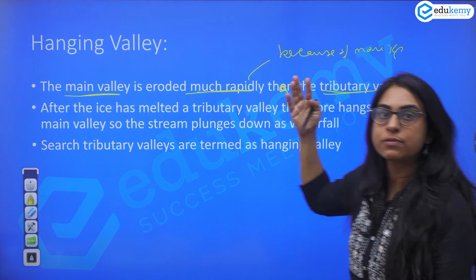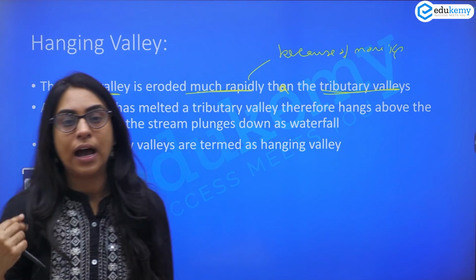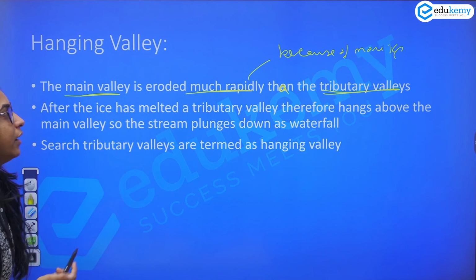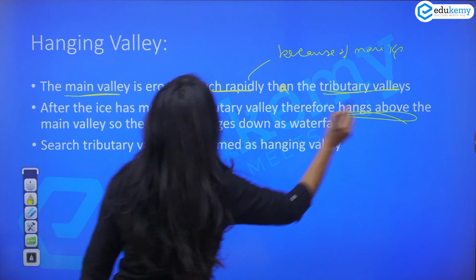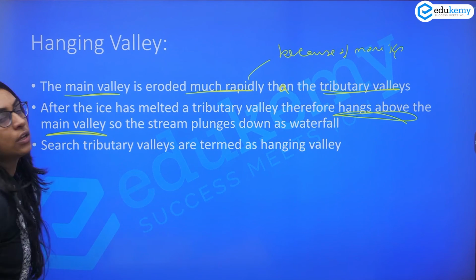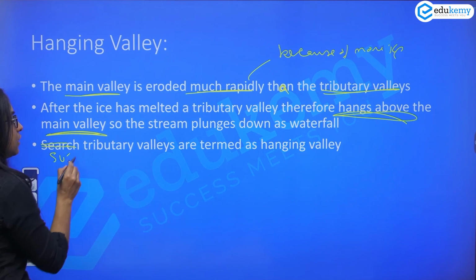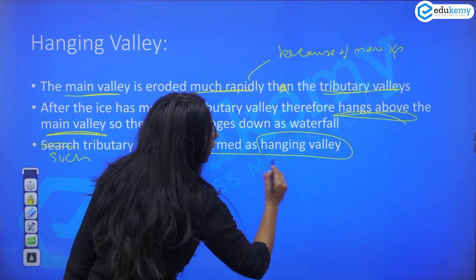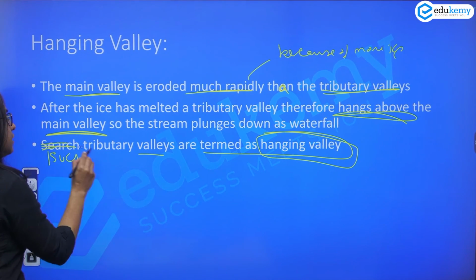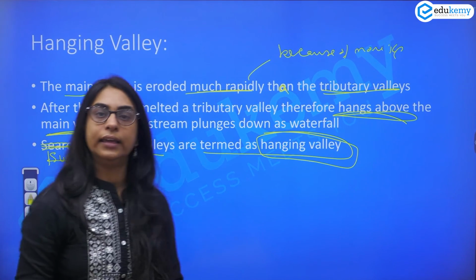After the ice has melted, a tributary valley therefore hangs above the main valley. So the stream plunges as a waterfall. Such tributary valleys are termed hanging valleys.